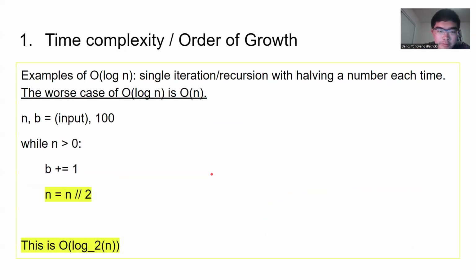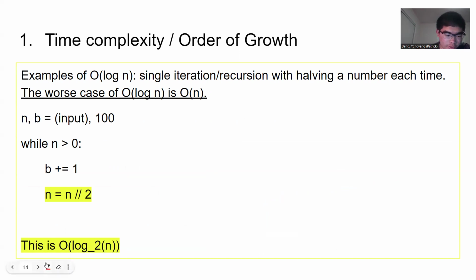So the example of big O of logarithm. It is like single iteration and recursion. But if you are halving a number each time, the worst case of big O of logarithm is logarithm of n.